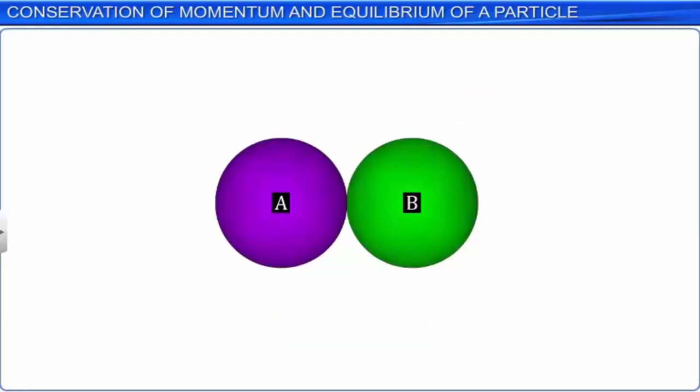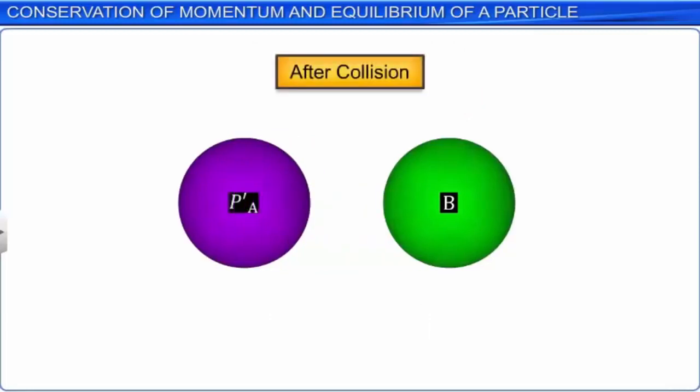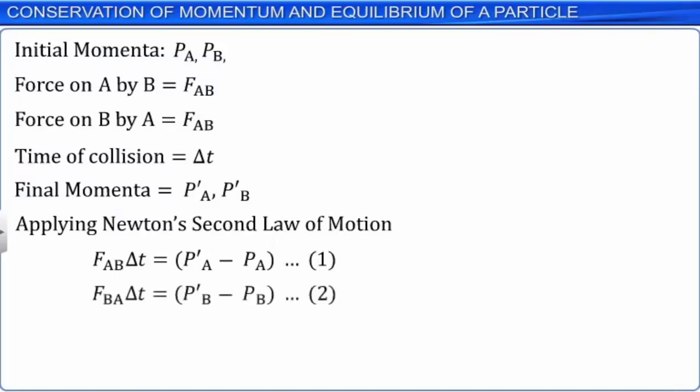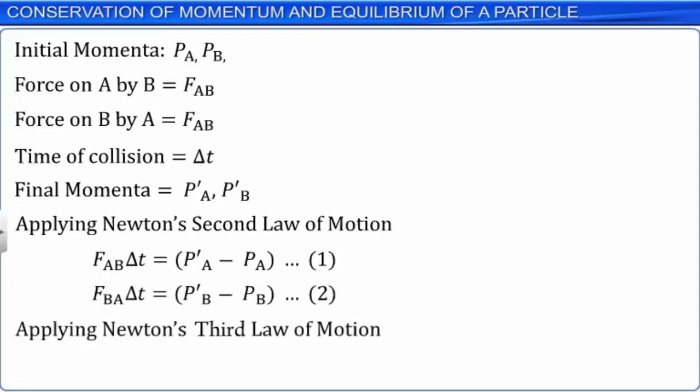Now, the final momentum of A after collision is P dash A, and the final momentum of B after collision is P dash B. Applying Newton's second law of motion to the two bodies, we get Fab delta t is equal to P dash A minus Pa, and Fba delta t is equal to P dash B minus Pb. Applying Newton's third law of motion, we get Fba is equal to minus Fab.